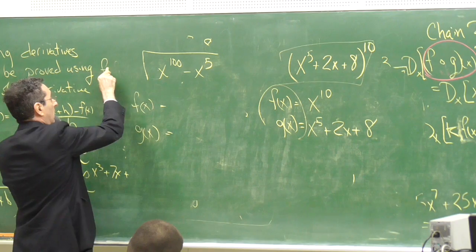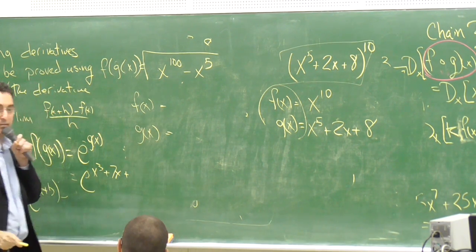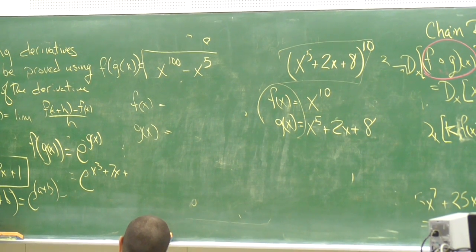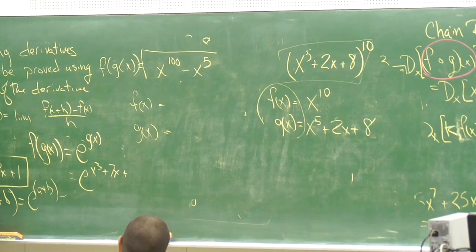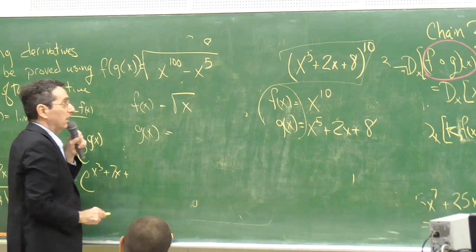And I want this to be f of g of x. So, does somebody else want to try it now? What's the outside function? Square root of x. And what's the inside function?